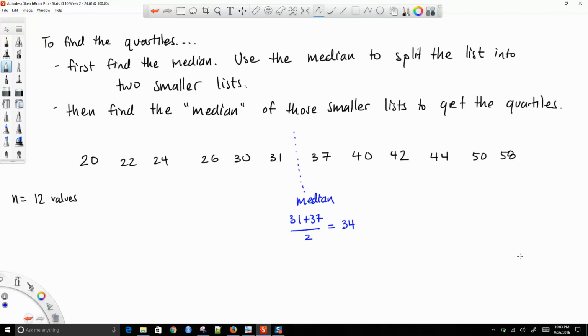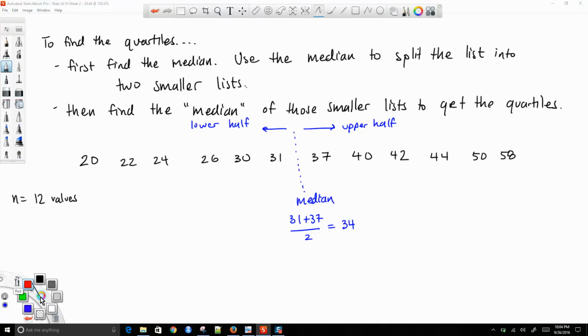Okay. So now I have the upper half, and then I also have the lower half. So we'll start with the lower half. I've got 6 values in the lower half. I'm going to find the, quote, median of these 6 values.